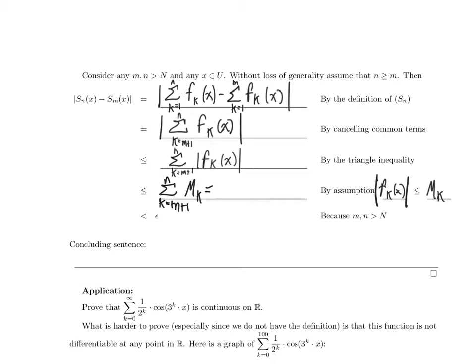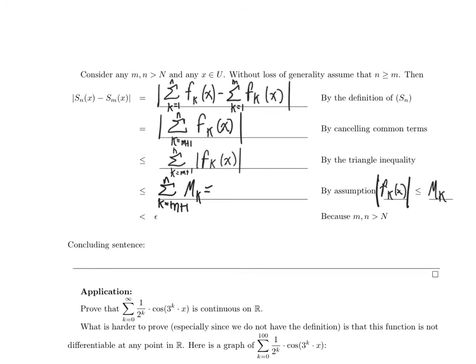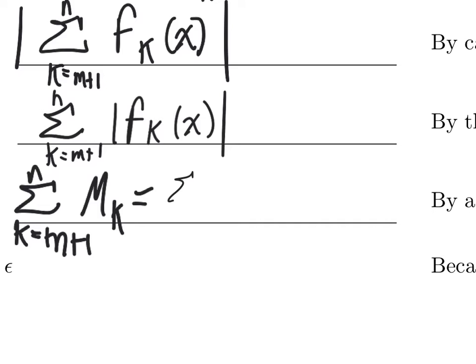And now we can put some things back. That's the same thing as the sum from k equals 1 up to n of M_k minus the sum from k equals 1 up to m of M_k.